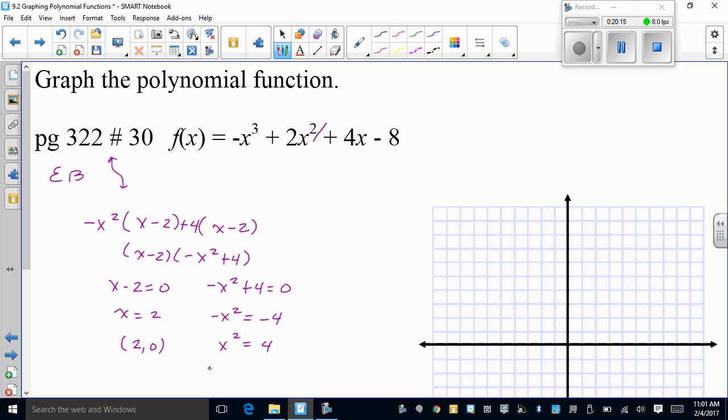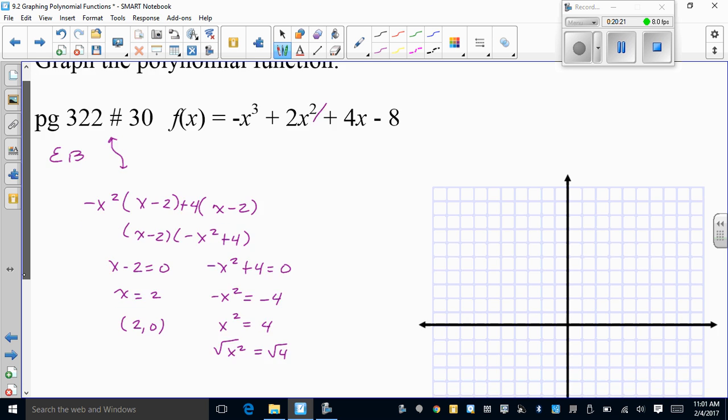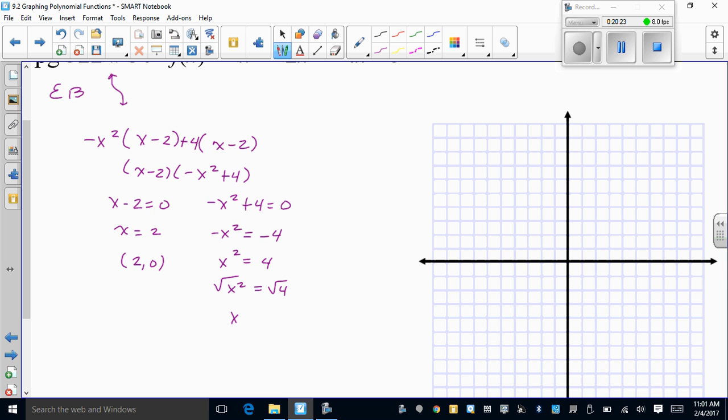Square root both sides, and we get x equals plus or minus 2. So we get (2, 0) and (negative 2, 0). But we already have (2, 0) once. So we'll talk multiplicity: this gives me a multiplicity of 2 and 1, which makes this one tangent and this one will cross.